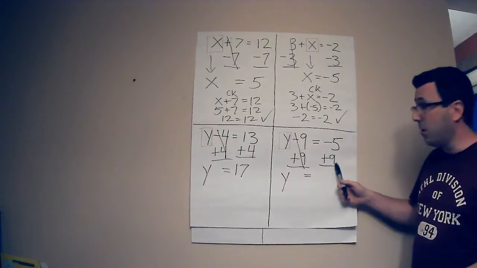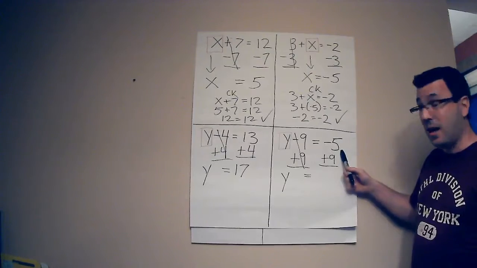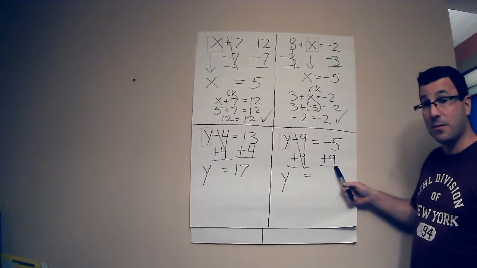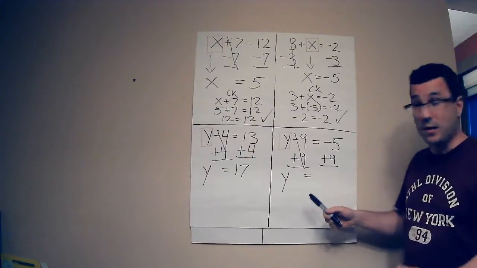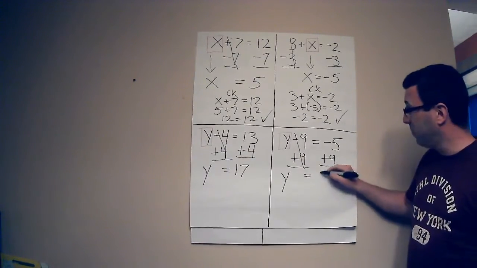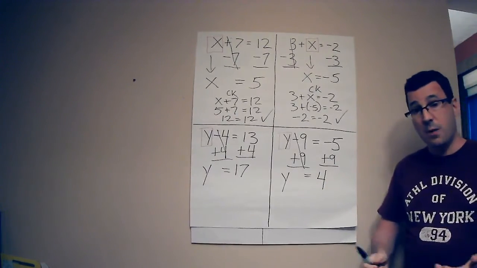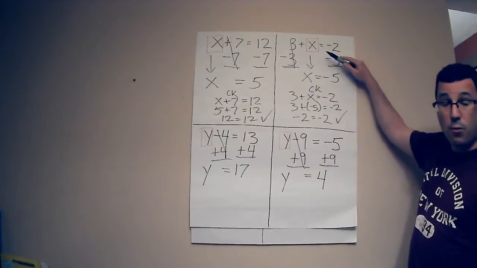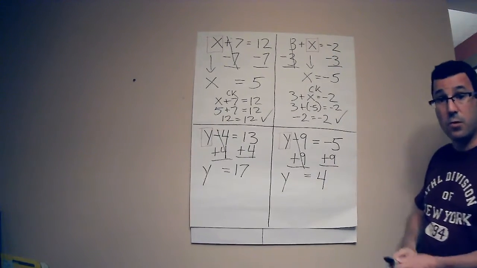So I look, I've got a 5, I've got a 9. 9's bigger than 5, so I'm going more positive. So I'm not going to put anything here because I don't need to when it's a positive. But I'm going to do 9 minus 5. That's 4. And that's how we do one-step equations that involve addition, one-step equations that involve subtraction.